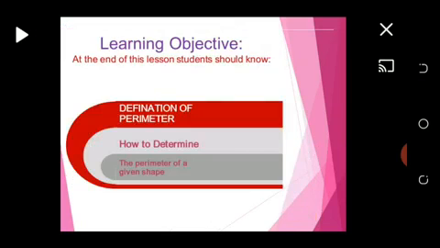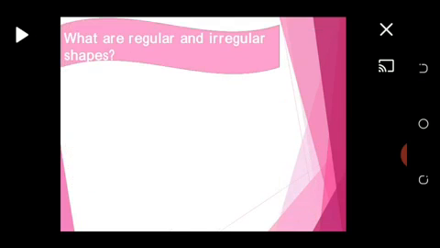At the end of this class, students should know the following: the definition of parameter, how to determine a parameter of a given shape. Now, what are regular and irregular shapes? First, what are regular and irregular shapes?